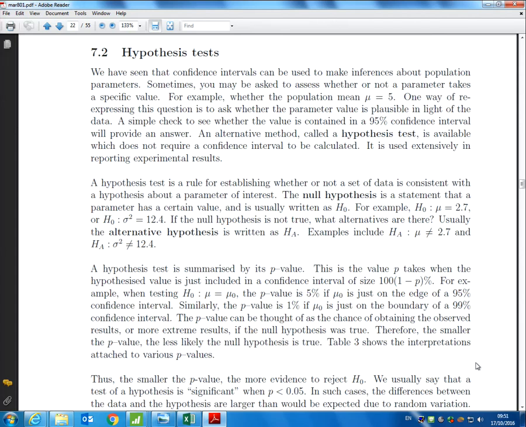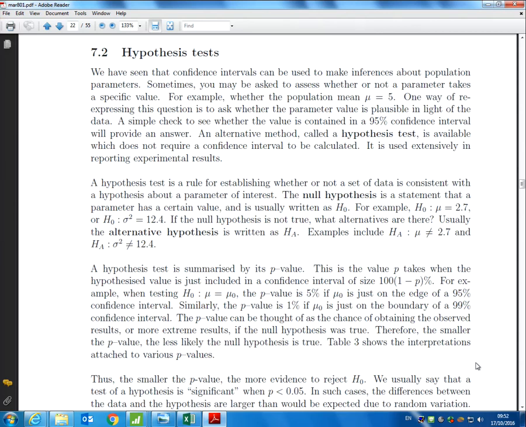Now, with a one sample problem, there will be a certain parameter under investigation. It might be the mean, might be the variance, mu or sigma squared. More commonly though, it would be the mean. So with a one sample problem, an example of a null hypothesis on the mean could be this, just what you've got in the notes there.